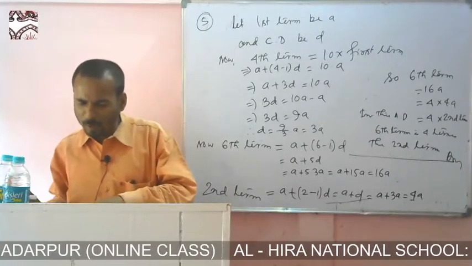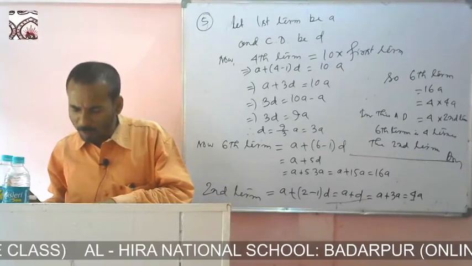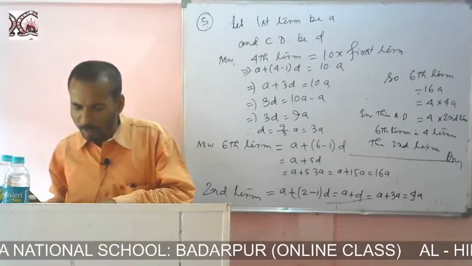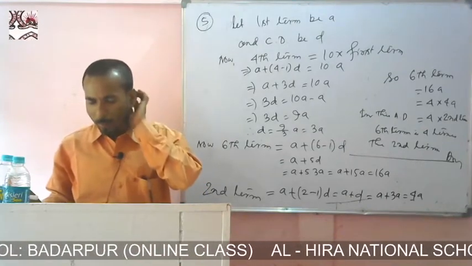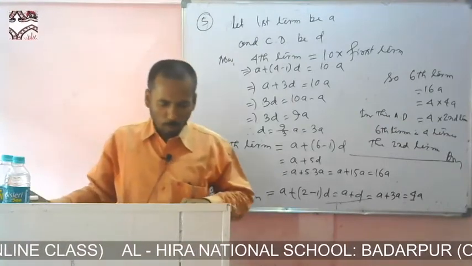Find the term mentioned in the bracket in each below, and also find the sum of the sequence up to that term. Minus 26, minus 23, minus 20, up to the 21st term.